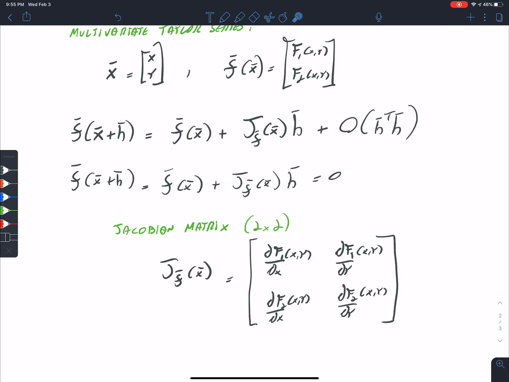We can differentiate the first equation by the first variable, and that's over here. We can differentiate the first equation by the second variable, and that's over here. And we can differentiate the second equation by the first variable, that's here, and the second equation by the second variable, that's here. And that's the collection of all possible derivatives that I can have of this multivariate function.